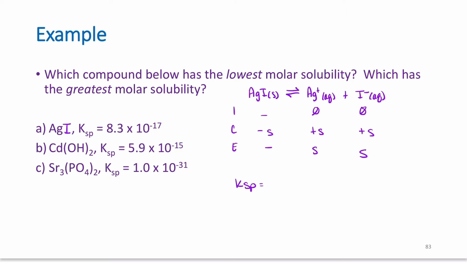Ksp is equal to silver plus times I minus, so S squared, and this is equal to 8.3 times 10 to the minus 17. Solve for S, and S has a value of 9.1 times 10 to the minus 9th.